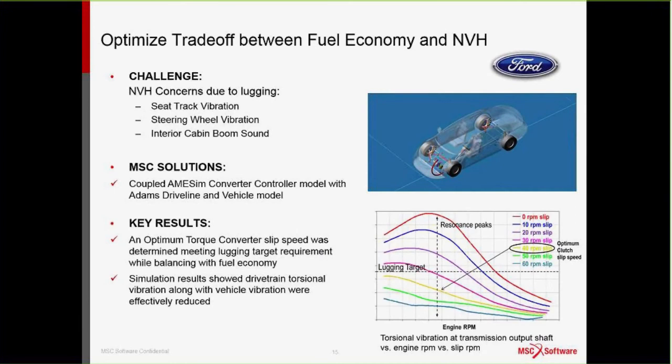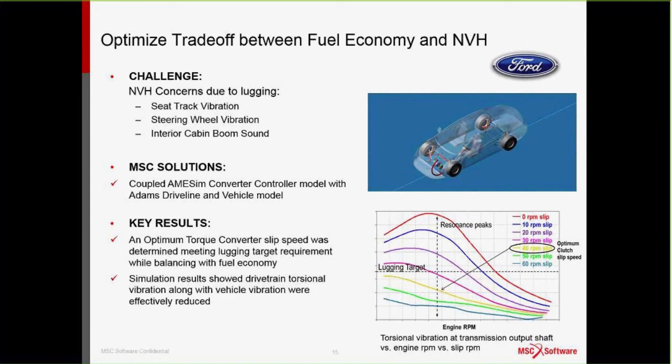Now here's an example from Ford of how they leveraged the co-simulation technology to optimize their trade-off between the fuel economy and the NVH. So the challenge here is that a lugging behavior was observed in some of the vehicles.